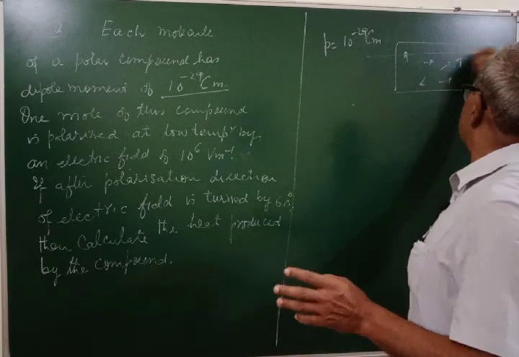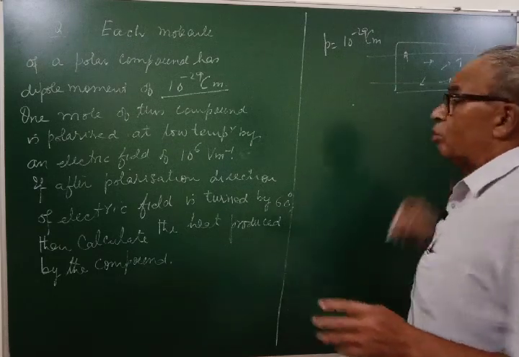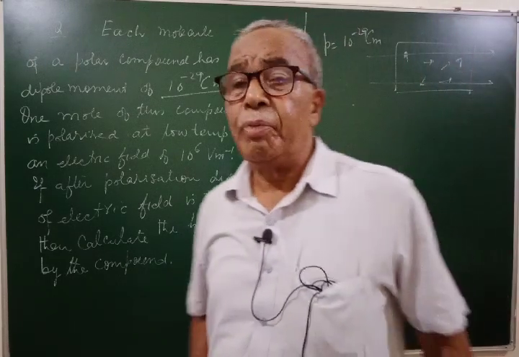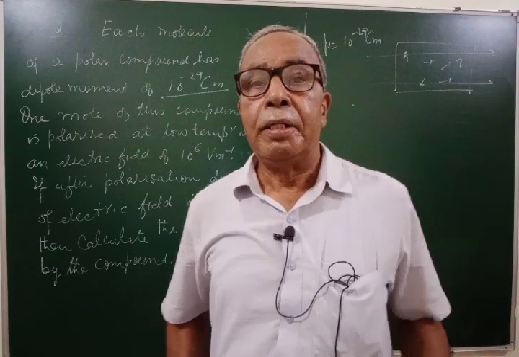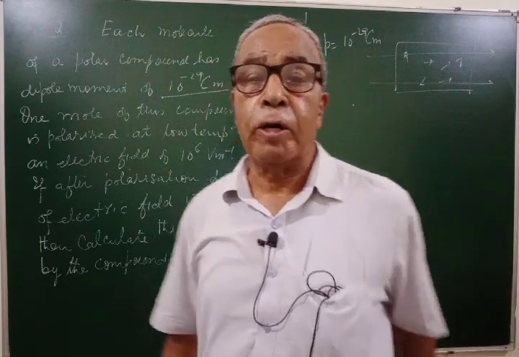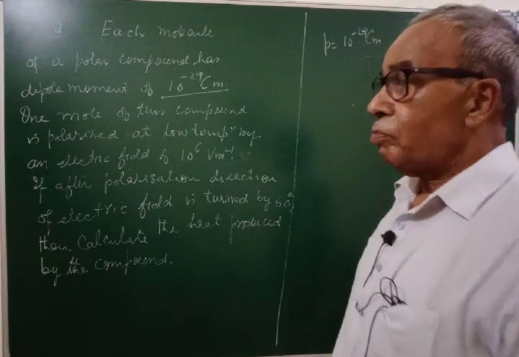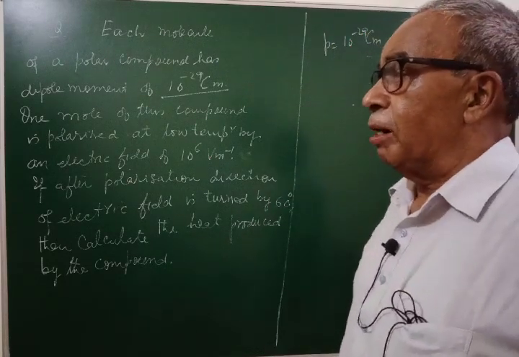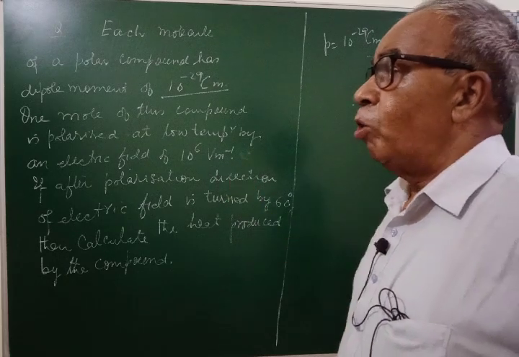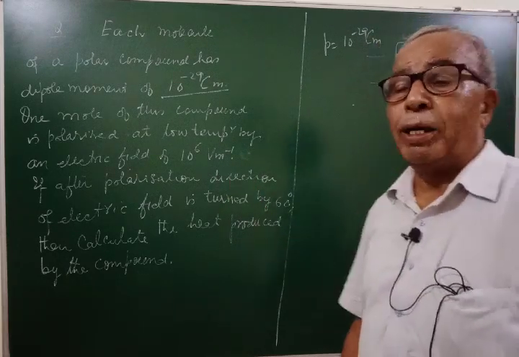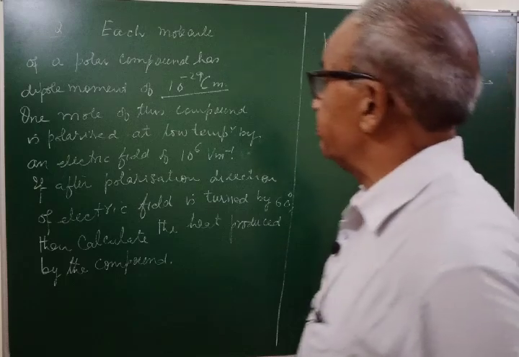But if we apply an electric field, every dipole experiences a torque, and that torque rotates the dipole parallel to the electric field. That process of aligning the dipoles parallel to the electric field is called polarization.